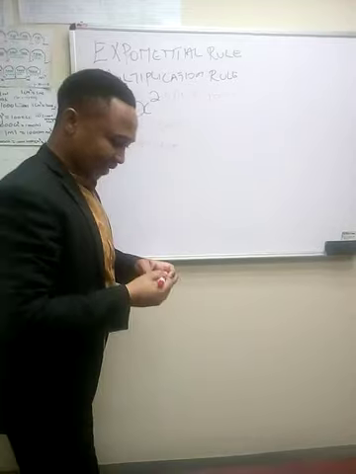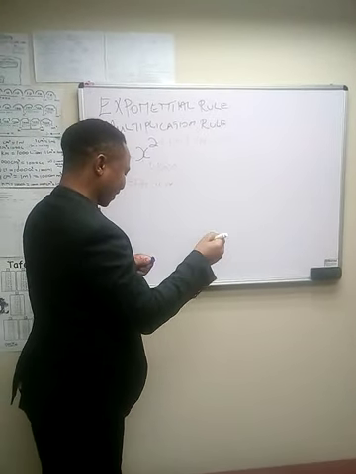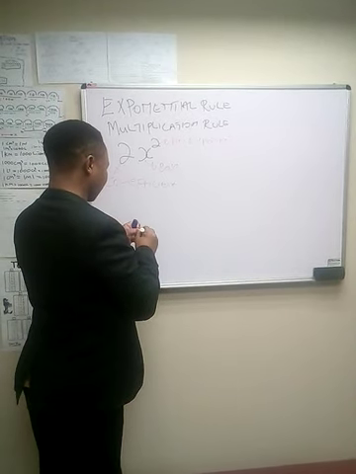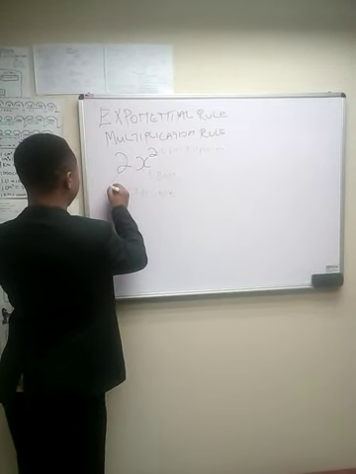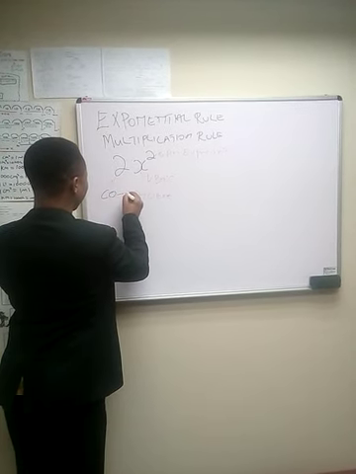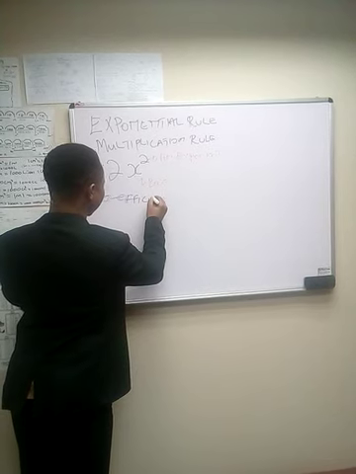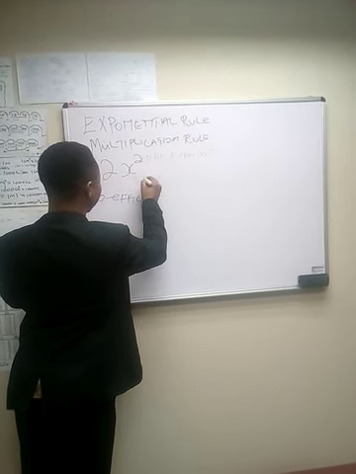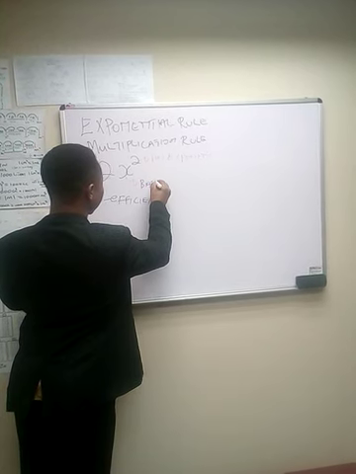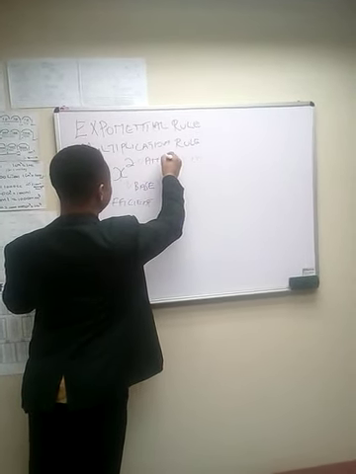Let me use another color here so that you can see exactly what I have written. I said this one is the coefficient. This one is the base. This one is an exponent.